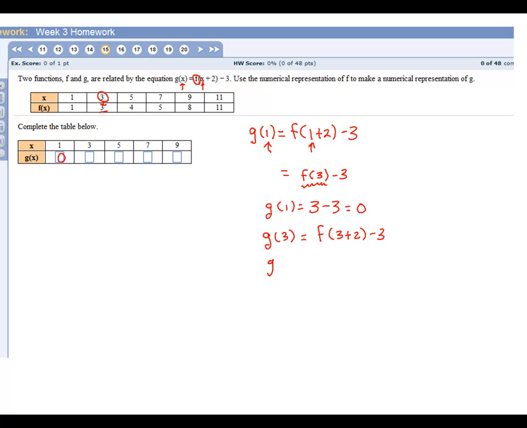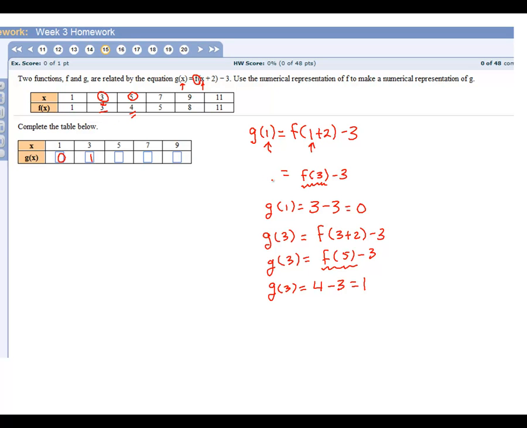And so g of 3 equals f of 5 minus 3, and the only way we know what f of 5 is, is by coming up to the table and saying, well, when x is 5, f gives you an output of 4. So g of 3 ends up equaling 4 from the table minus 3, which is 1. So when x is 3, g of 3 is 1, and we would enter that over here.